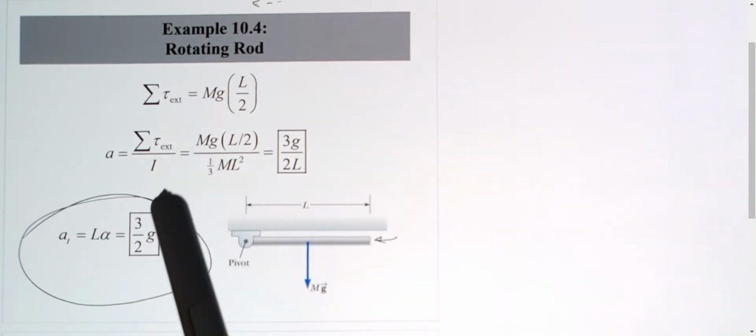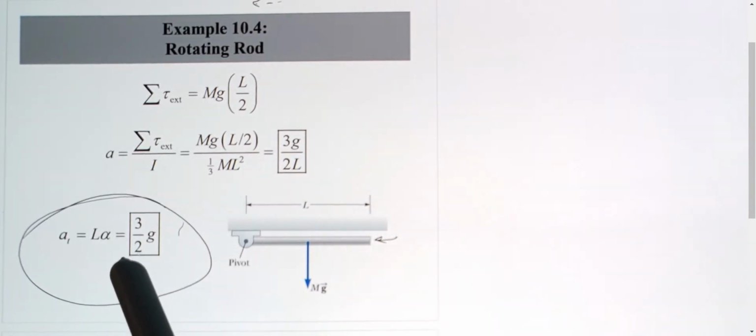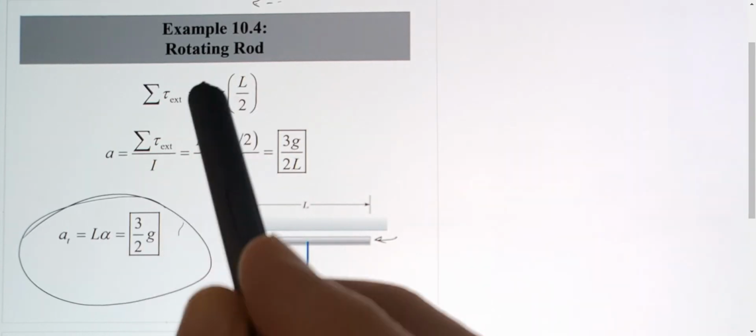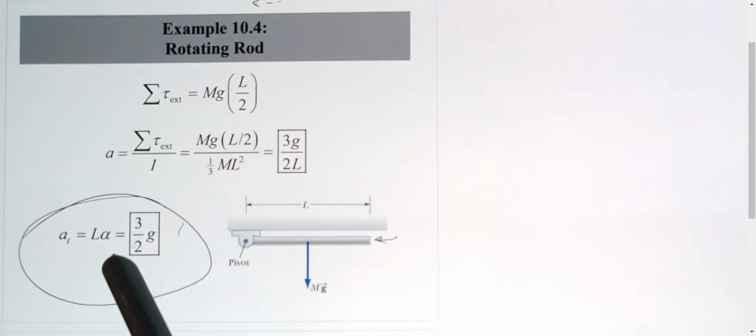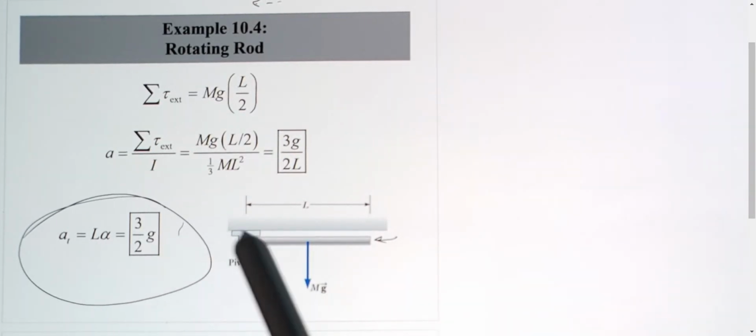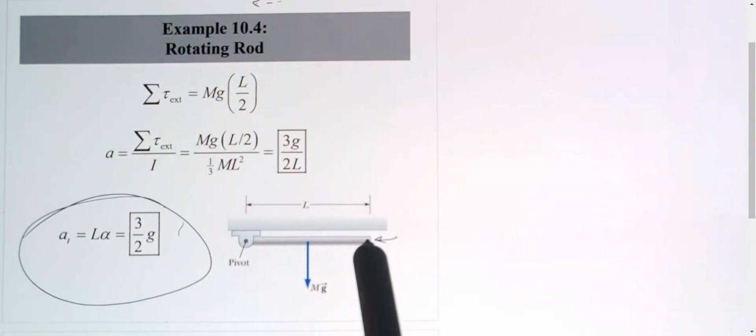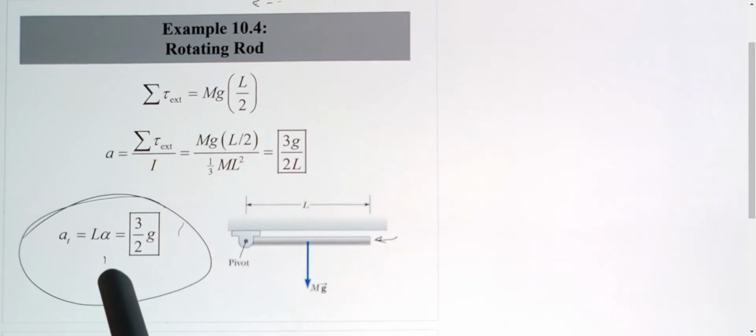You cannot remember this equation, and it will take you too long to derive it in the exam. Plus, if I change the shape of the object, this does not work. So I don't know why he insists on doing that.